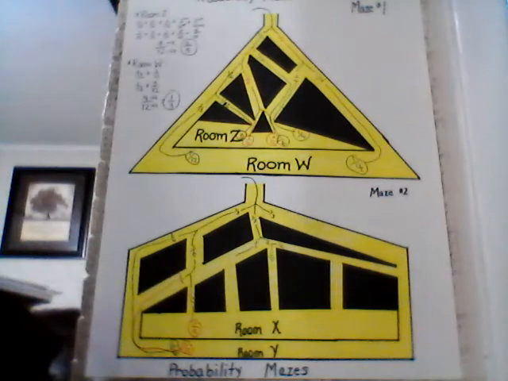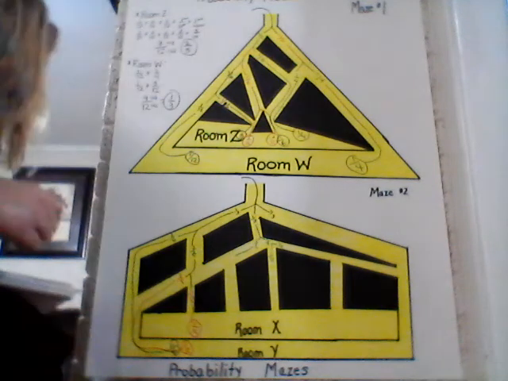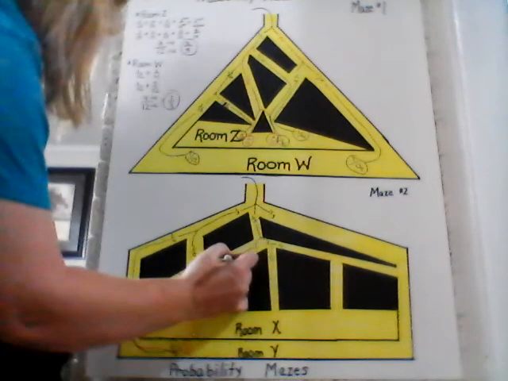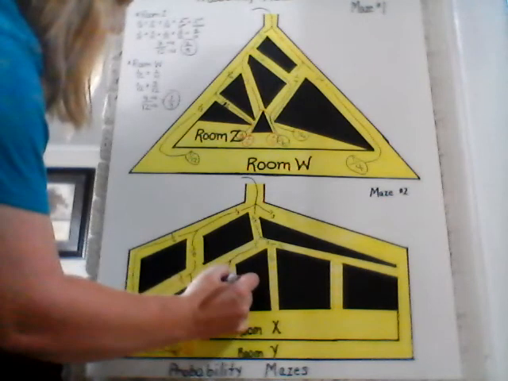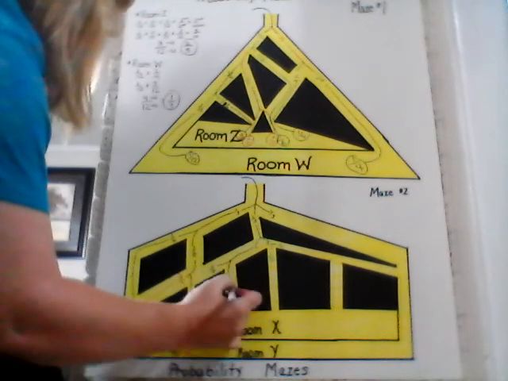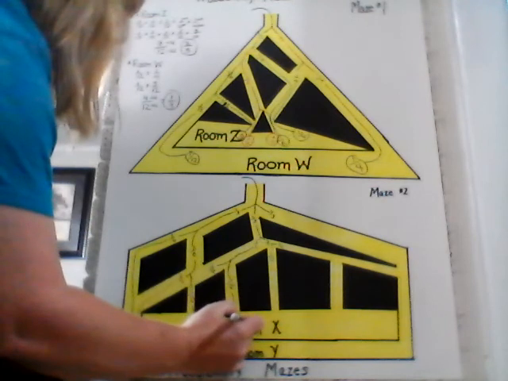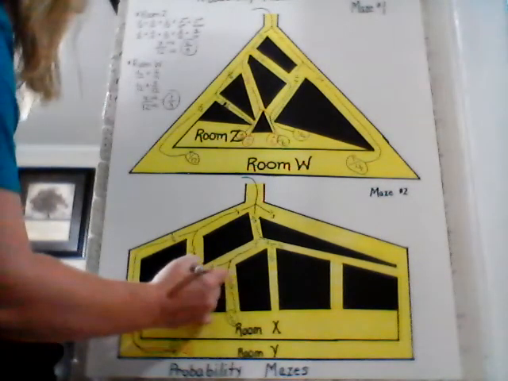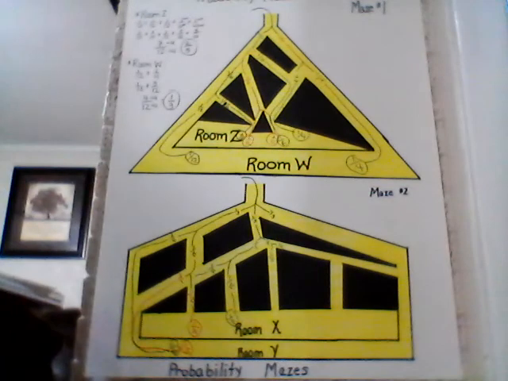And it's very important that you catch all of these splits in order for the probability to come out correctly. As this 1/6 is traveling, once it gets to here, it's going to make a big split and become a 1/12 and a 1/12. This 1/12 just dumps into room X. This 1/12, however, is going to keep going.